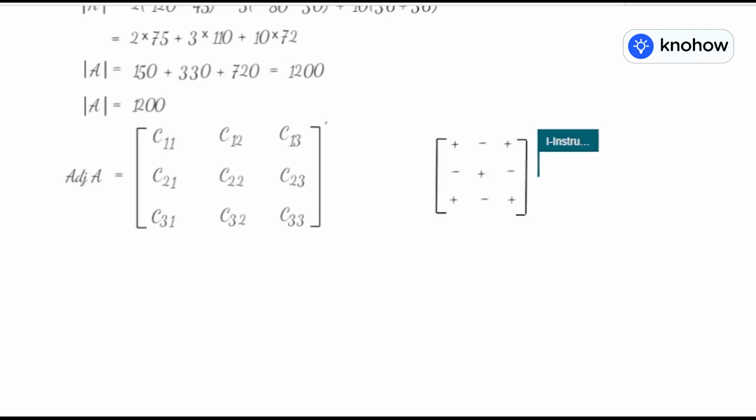So now working out all these and substituting, you get adjoint A equal to the transpose of C11, which will be plus times 120 minus 45, and C12 will be minus times minus 80 minus 30, and C13 will be plus 36 plus 36.